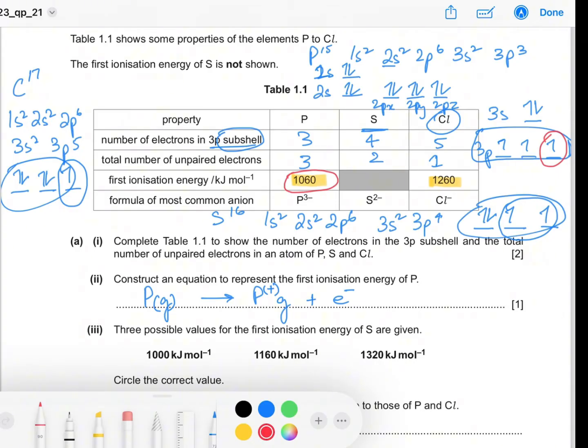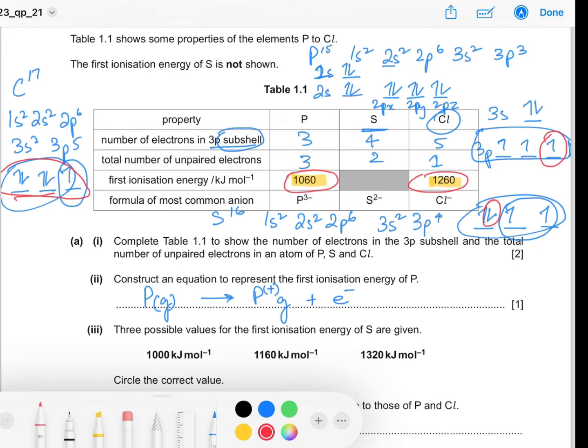And when you want to remove an electron from a 3p orbital in chlorine, you will need 1260 kilojoules per mole of energy. Now they want you to predict how much energy will be required to remove an electron from the 3p subshell, or the last subshell, in a sulfur atom.